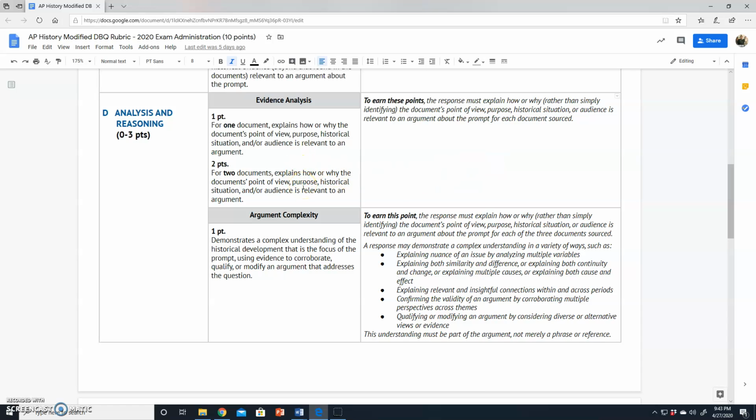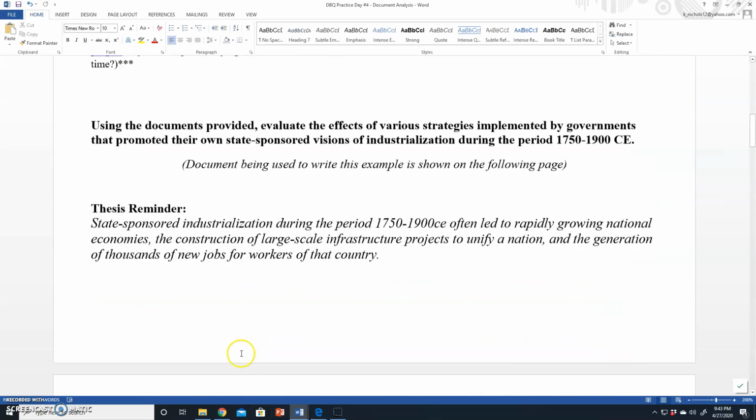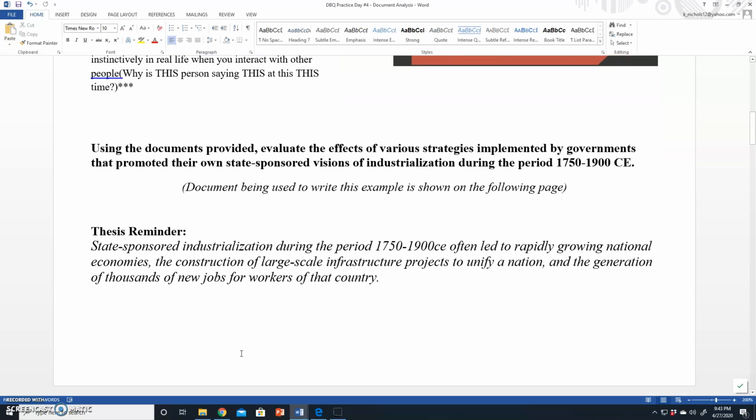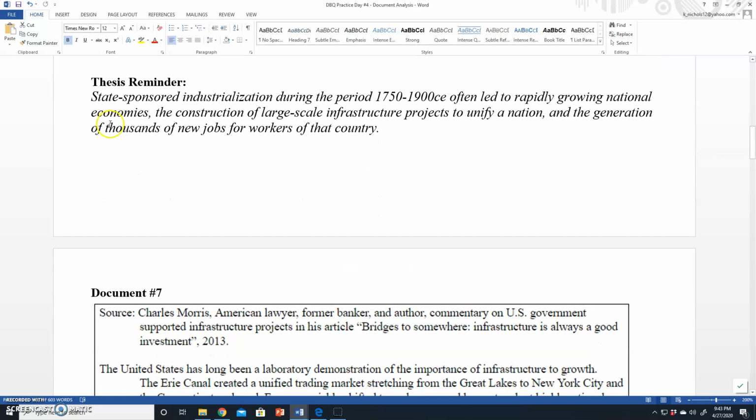All right. So when we look at this, let's go up here. This is the prompt right here that I've been saying is kind of my practice prompt that I've been going over, so feel free to reread it. I'm not going to. This is the practice thesis, my 3 argument points.